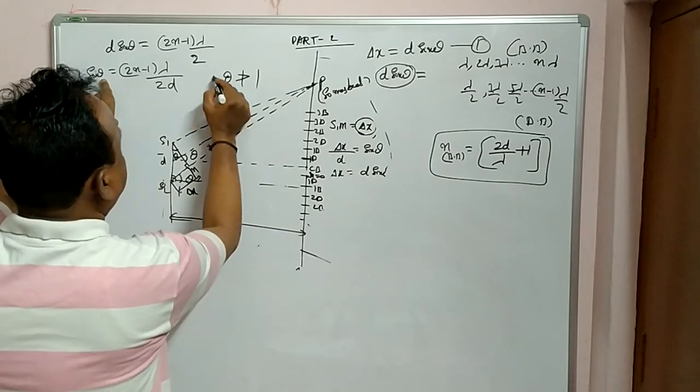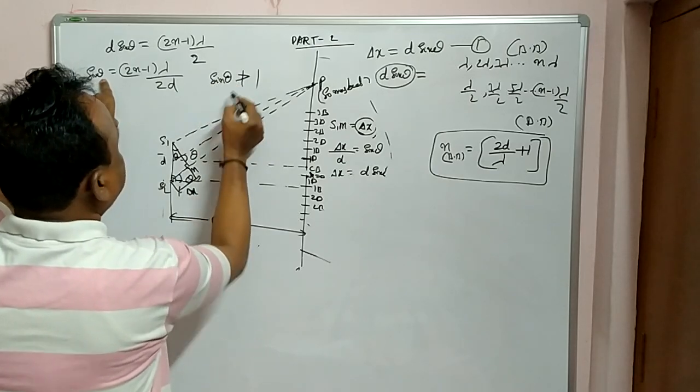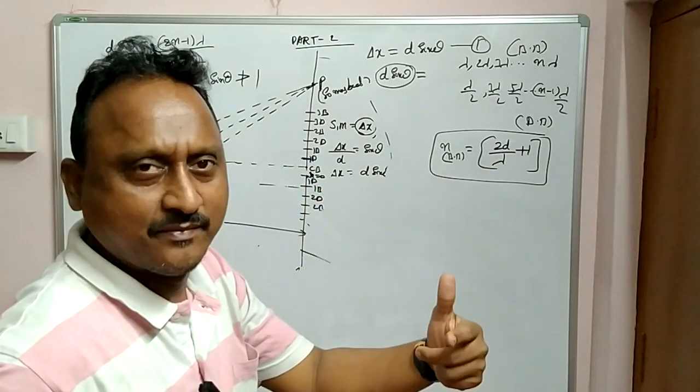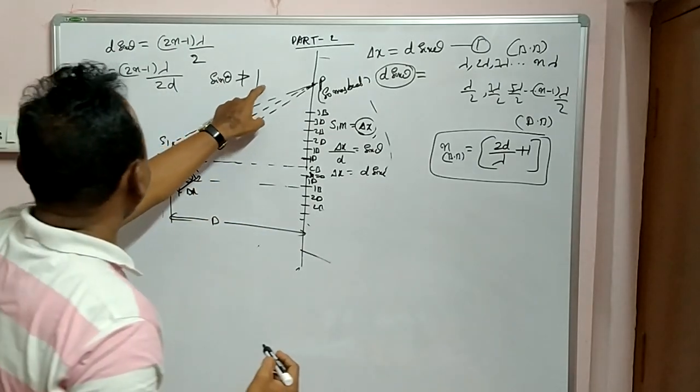Same again, here the angle theta cannot be greater than 1, that is, sin theta, because the maximum value of sin is 1 and the minimum is 0. So sin theta cannot be greater than 1.